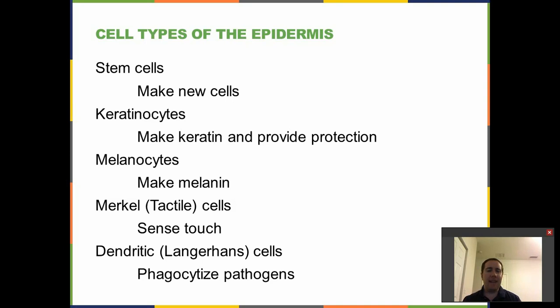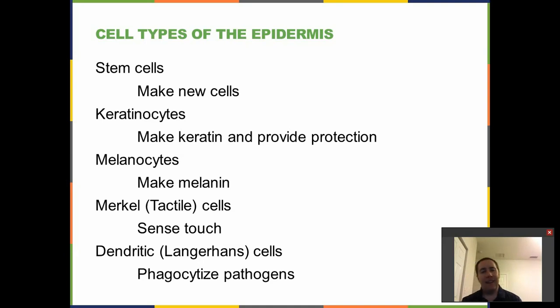And so if they get damaged, no harm, no foul, at least in terms of us as an organism. Those cells are just cells. The stem cells make the new cells. So the stem cells are found at the very bottom in the stratum basale. They are going to divide and primarily make keratinocytes. But they can also make these other cells as well.